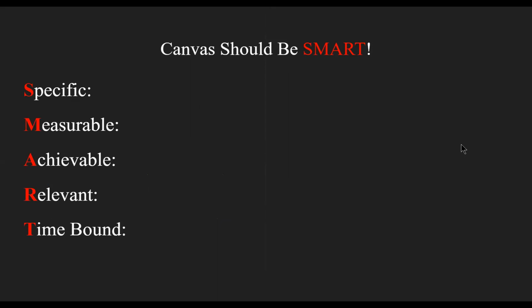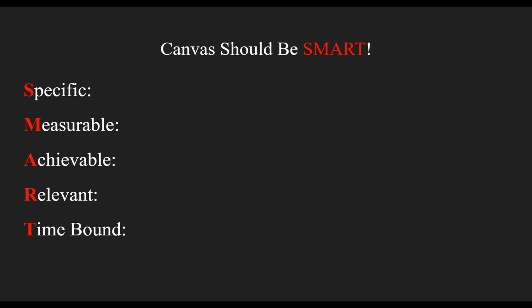Your canvas should be SMART, as we have said. The things you write down in your canvas should be specific. They shouldn't just be general statements. They should be measurable. They should be achievable. You shouldn't just write down, I want to sell this thing to every single person in the world. We know that that is not achievable.